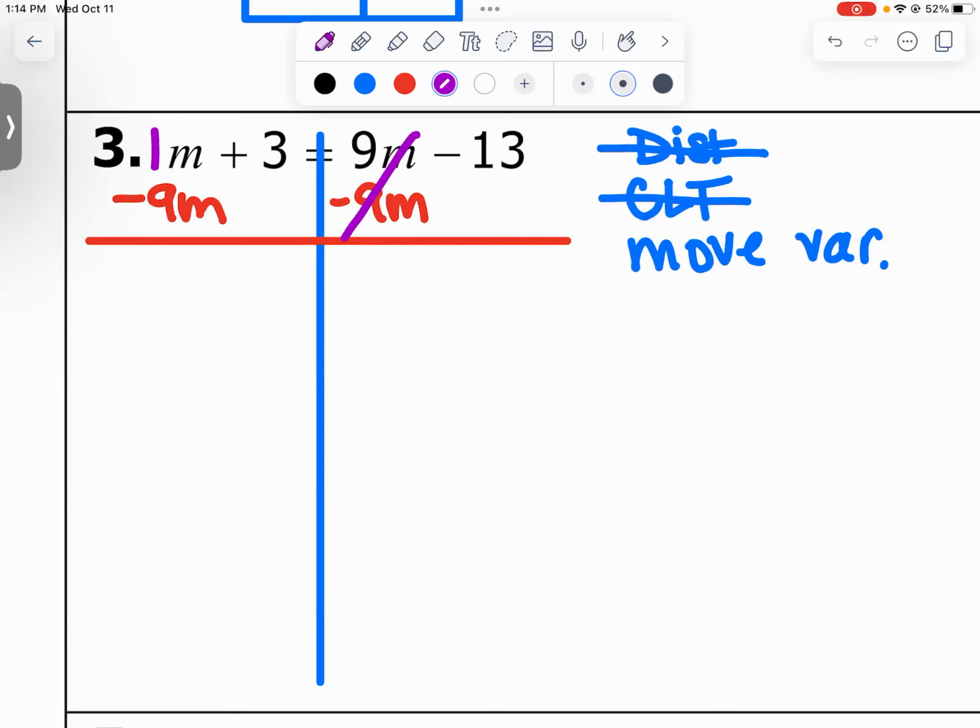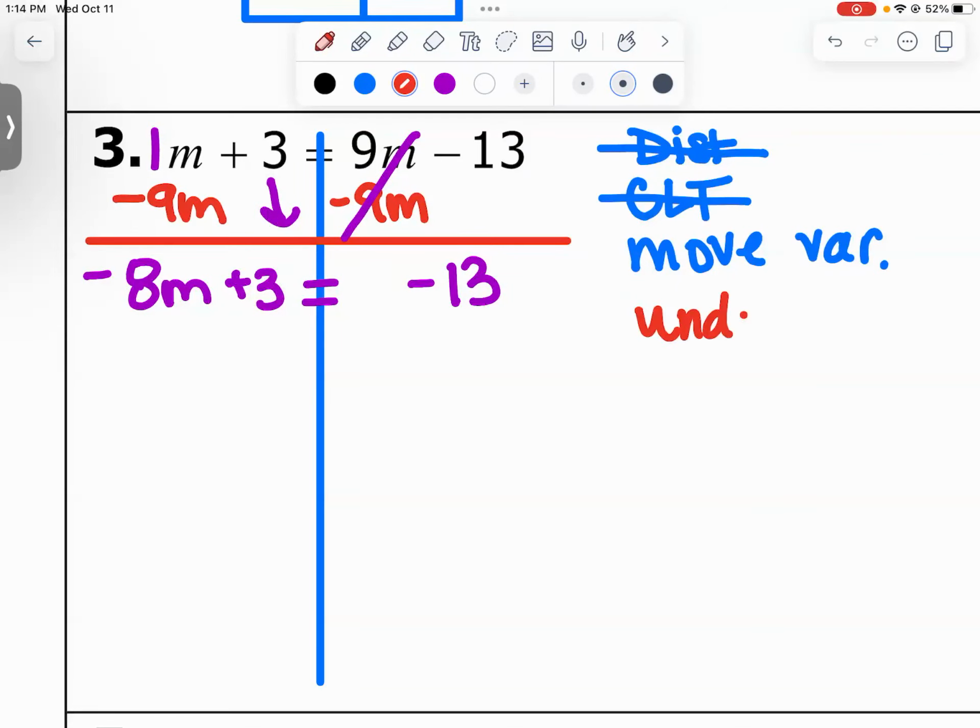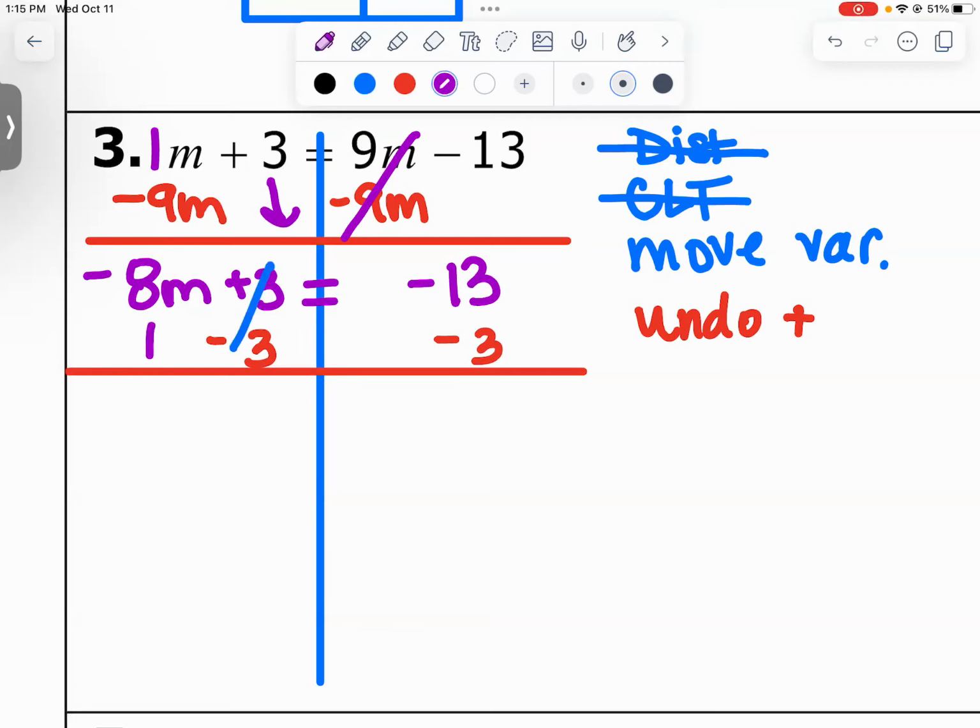So 1m minus 9m is -8m. We still have our +3 equals -13. Kaden, what's next? Then we subtract 3 from both sides. So we still have -8m, our 3 minus 3 cancels, and we have -16 over here.